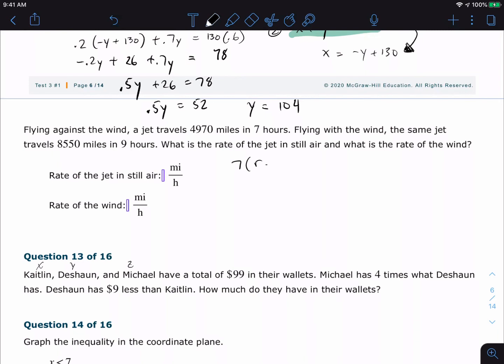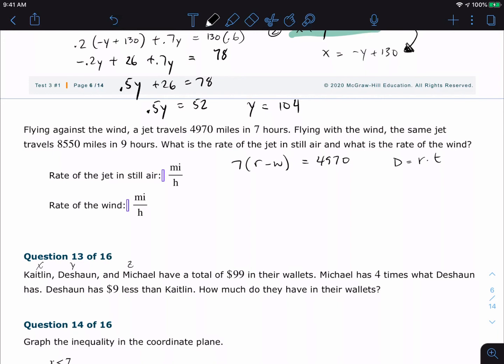The plane's rate minus the wind is going to equal 4,970. And the reason I got that is distance is equal to rate times time, right? Well, the time was 7 hours. The rate is how fast the plane is going, r, minus the wind, and then the total distance was 4,970.